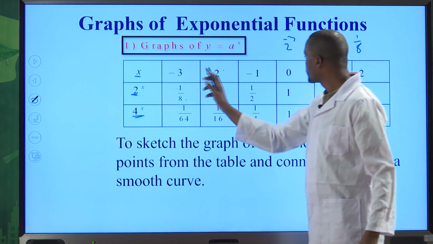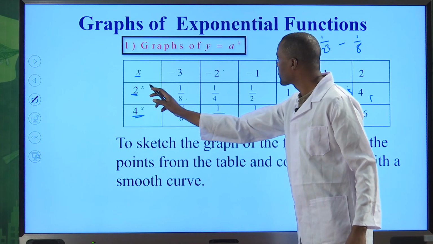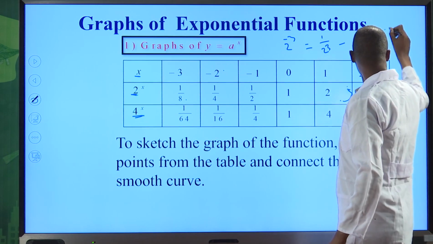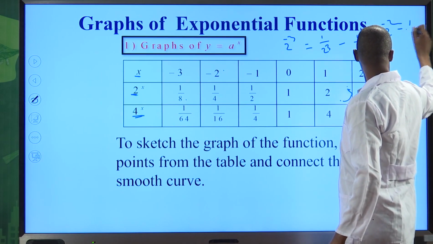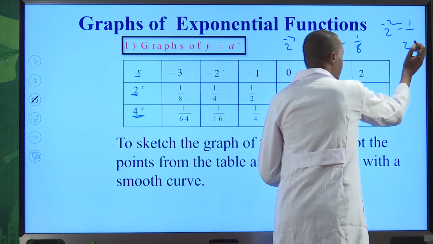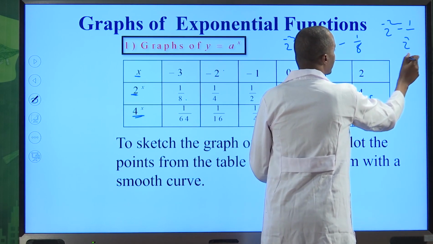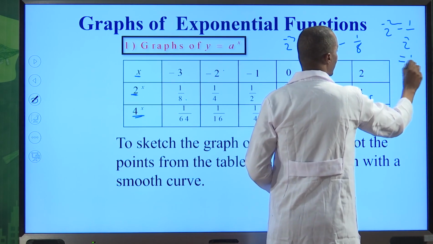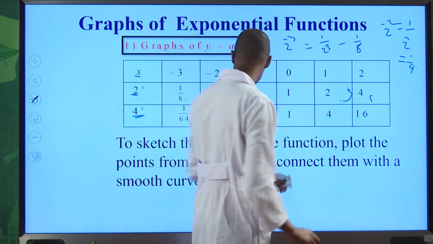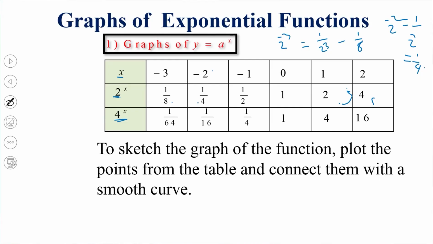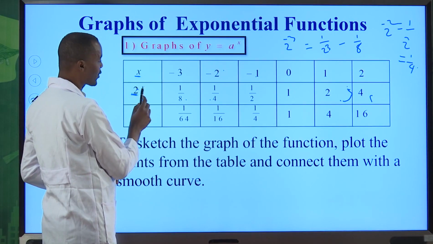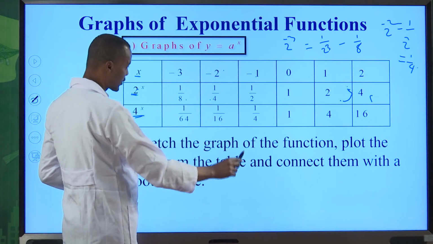In a similar way, if you substitute minus 2 instead of x here, 2 to the power of minus 2 is the same as 1 over 2 to the power of 2, which is equal to 1 over 4. So that is 1 over 4 that you see here. In a similar way, if I substitute minus 1, it will be 2 to the power of minus 1, which is 1 over 2.